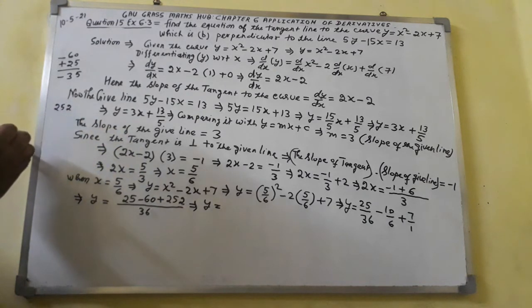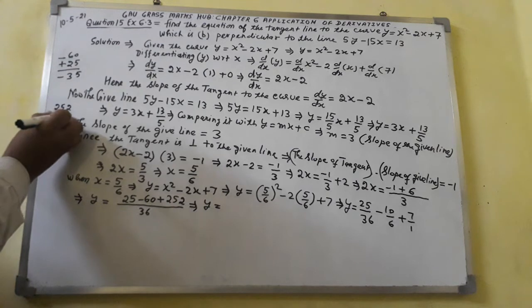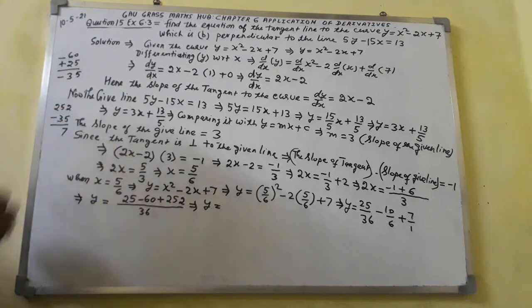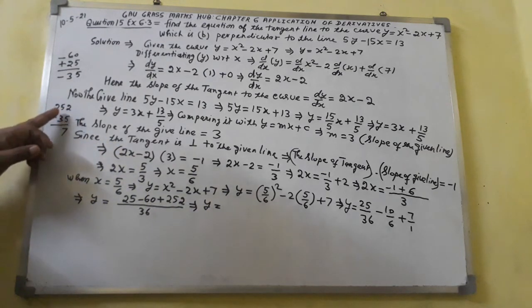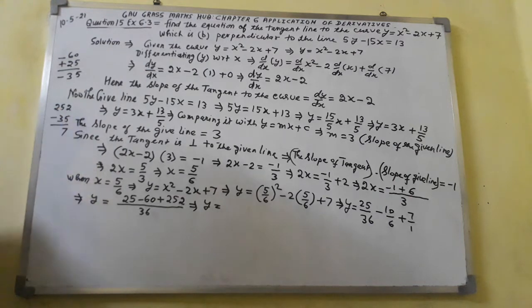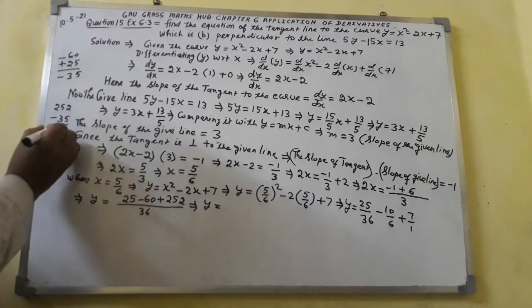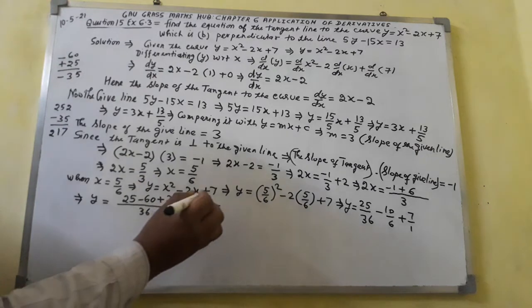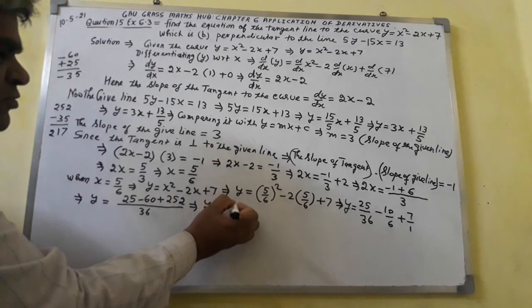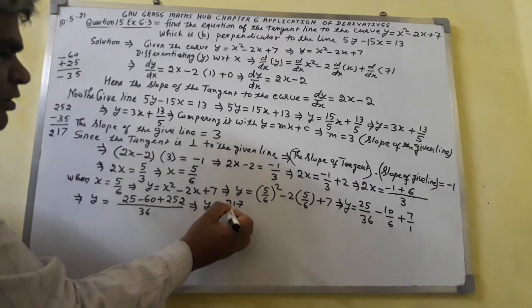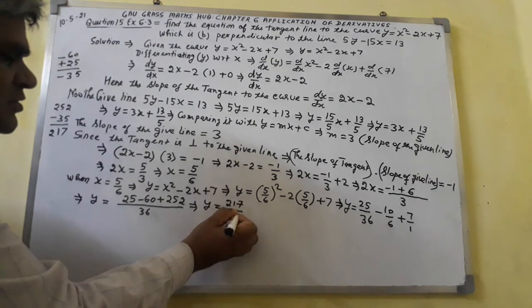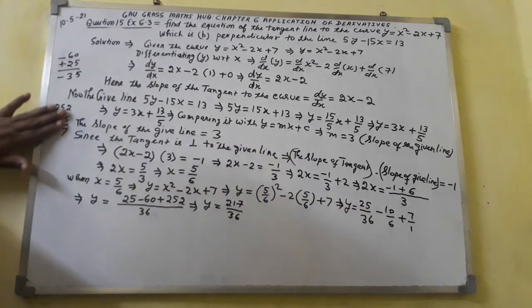Minus 35 you have got minus 35. So we will get here 7, here you will get 4, 4 minus 3 comes out to be 1, 2, 217. So here you will get 217 over 36. This value we have got.